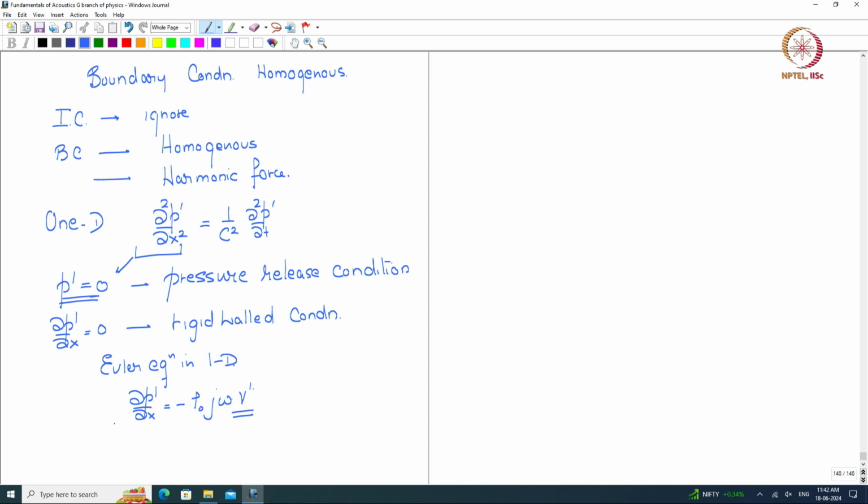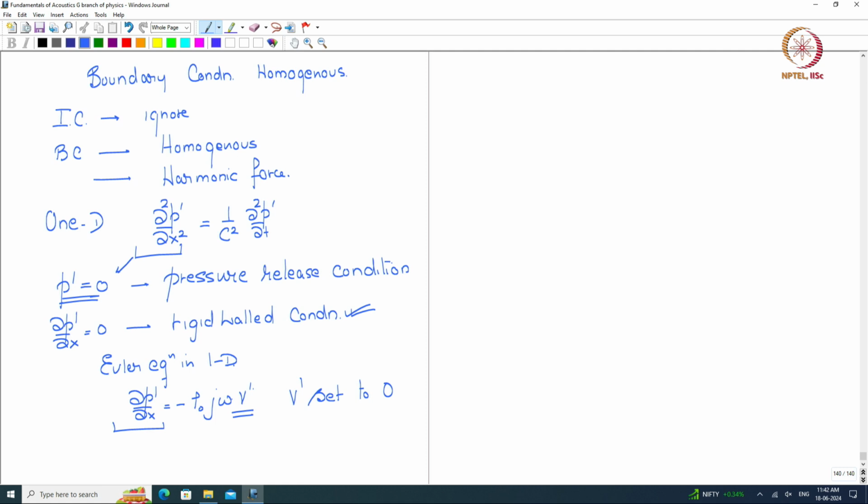So if ∂p'/∂x is set to 0, that means v' is set to 0 at the boundary, which is no displacement, and therefore we call it the rigid walled condition. So these are the two very common boundary conditions.